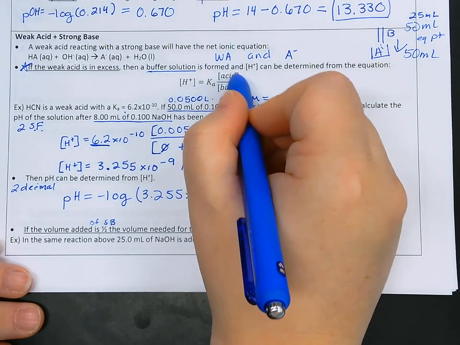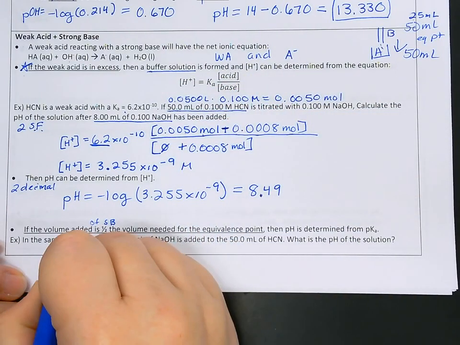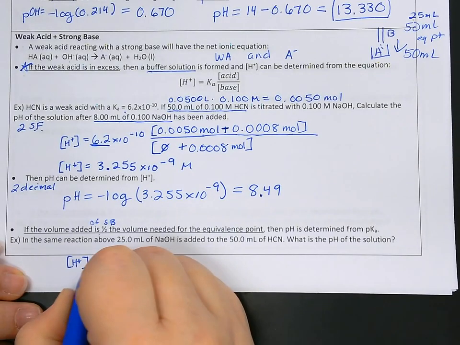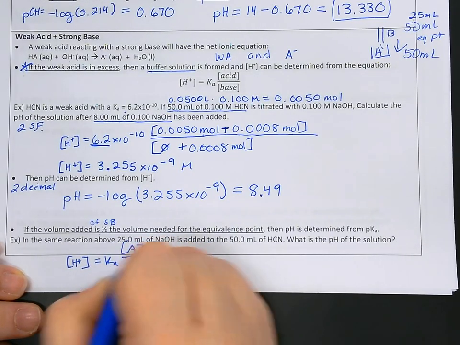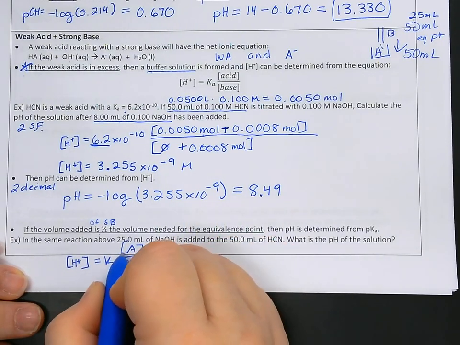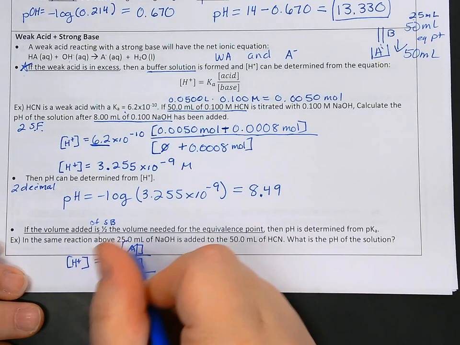If we use this equation, we get H plus equals Ka, times our acid over our base. If these are equal, then this whole term becomes a big old 1, so that term doesn't matter.